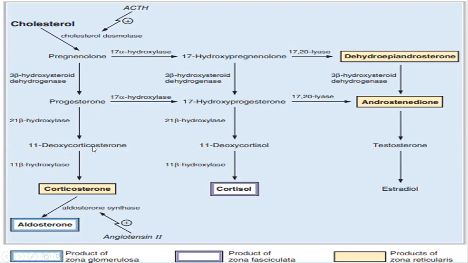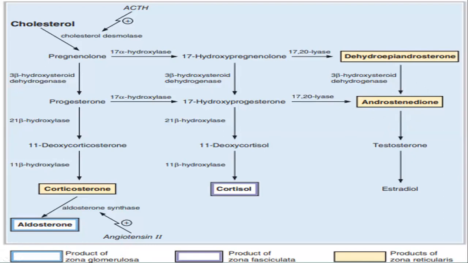So what basically happens is that your progesterone is converted to 17-hydroxyprogesterone, but is not converted to deoxycortisol because you have a deficiency in 21 beta hydroxylase. So you have more of the 17-hydroxyprogesterone, which is converted to an androgen. Okay, so you have an excess or increased androgen in 21 beta hydroxylase deficiency. So I hope you're getting the point here.